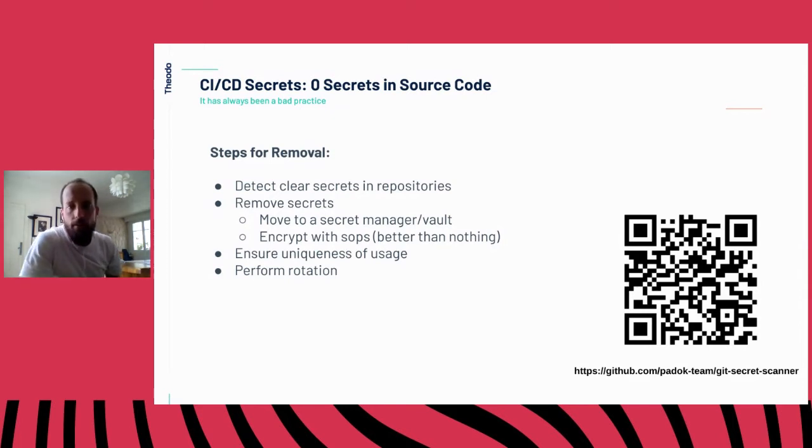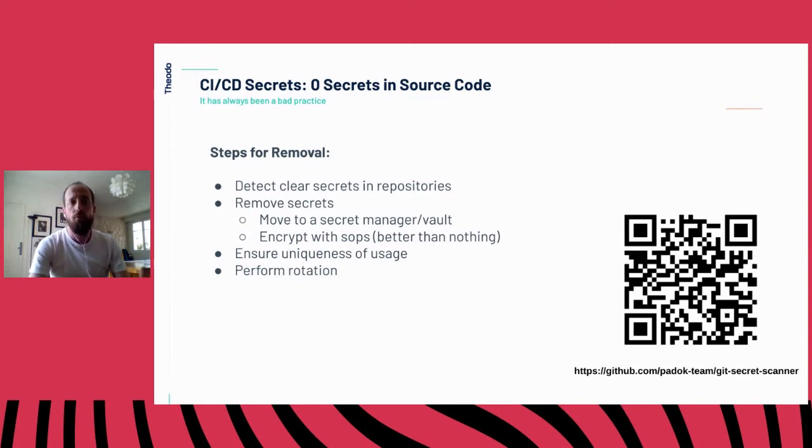After you have detected all your secrets, what do you do? So these secrets must be gone. They must be moved to a secret manager, to a vault, to anything that's more secure.